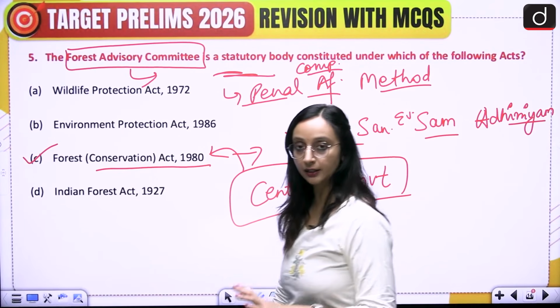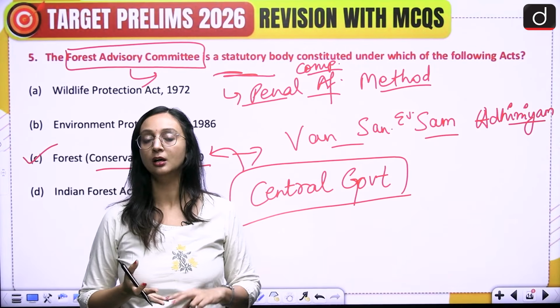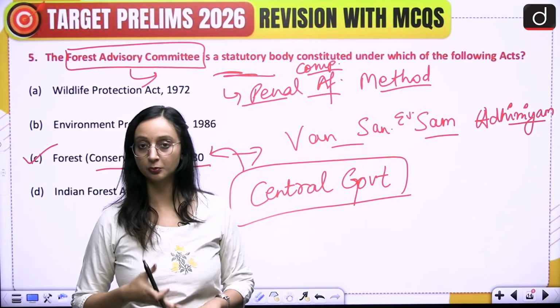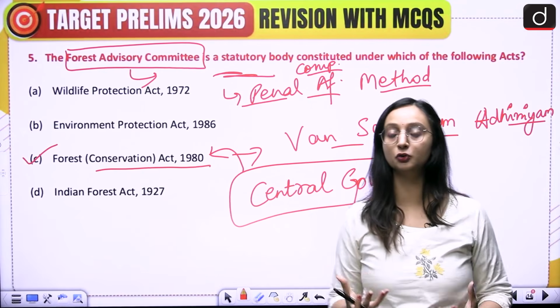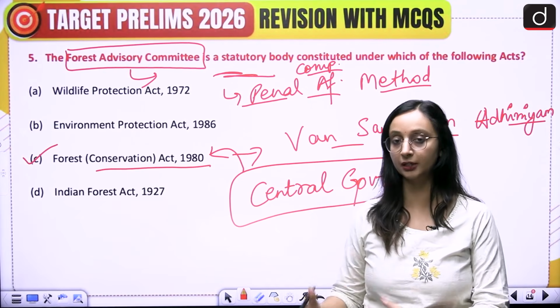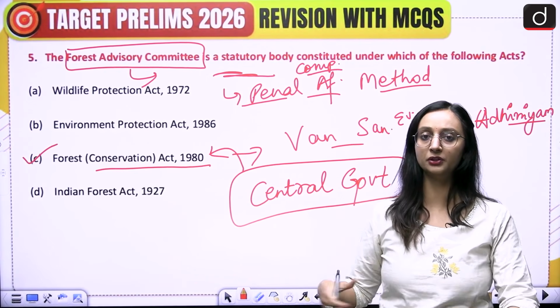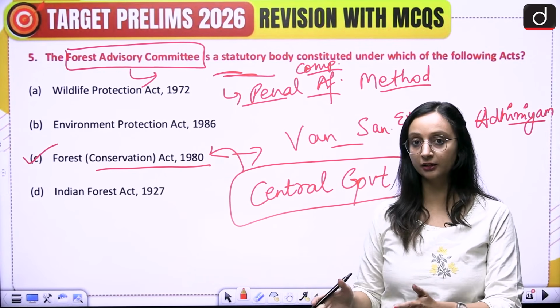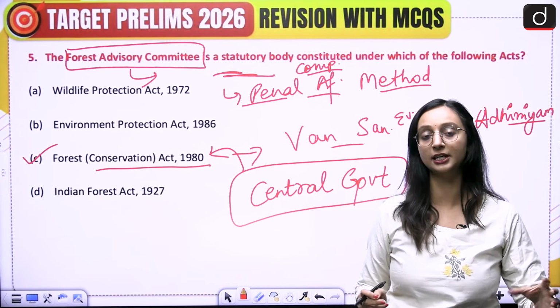So if you are clearing the forest land for any project, any mining project, or any highway project, any other construction project, then that company, that institution will also have to do some compensatory afforestation. Whatever land they are clearing for forest, that amount will also have to be compensated by afforestation elsewhere.